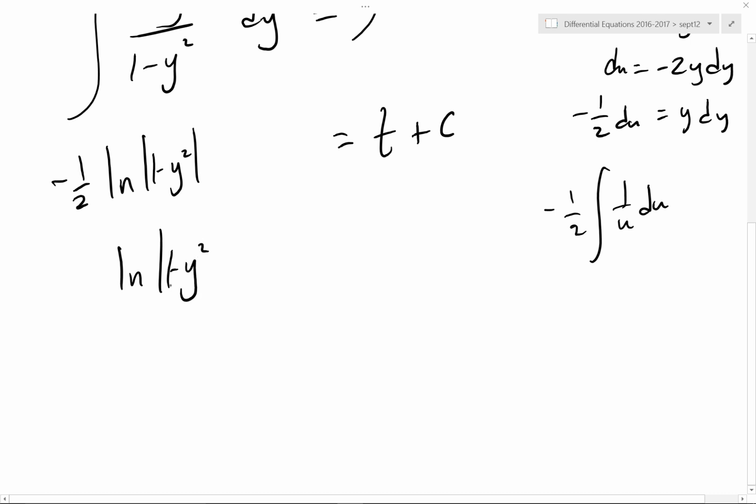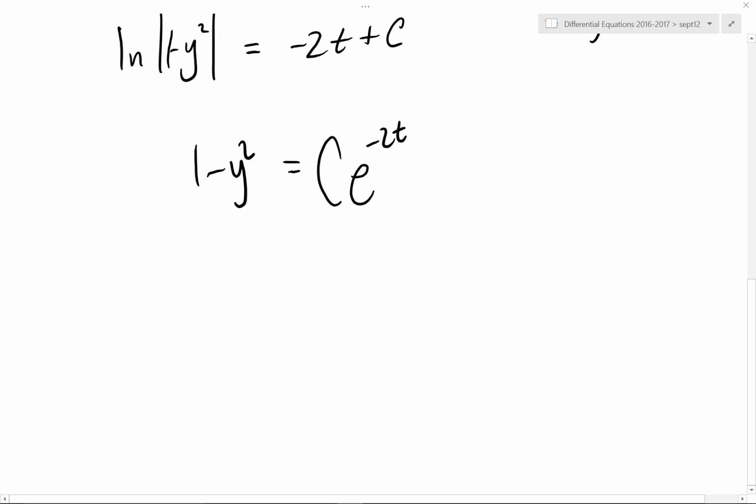I keep forgetting that one. So negative 2t plus a constant. That bothered me as a child. Well, a high school to a college child. Multiplying by a negative. It's just a freaking constant. Let it go. It'll be fine. I promise. Okay? Now, exponentiate. And we should end up with c e to the minus 2t, correct?